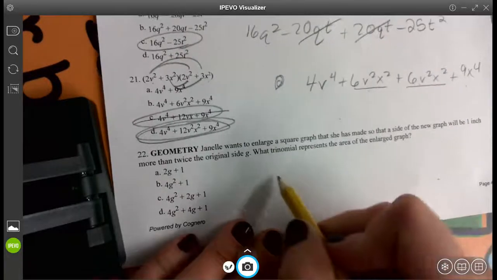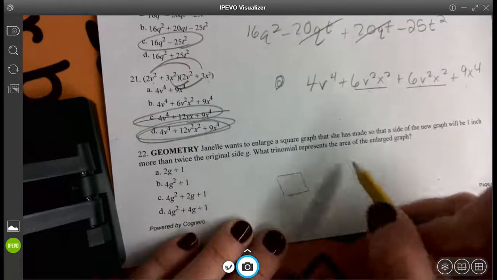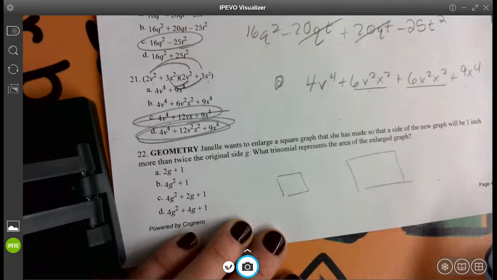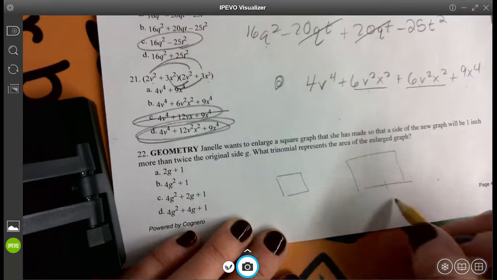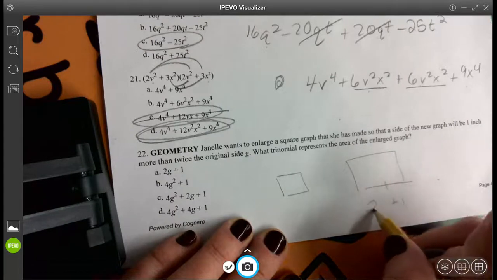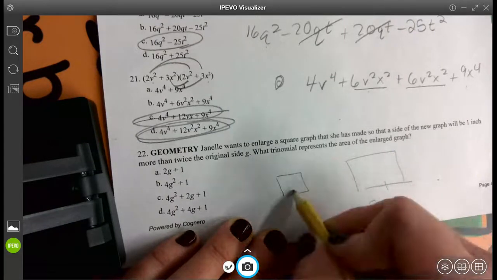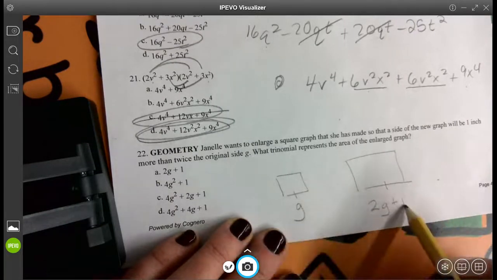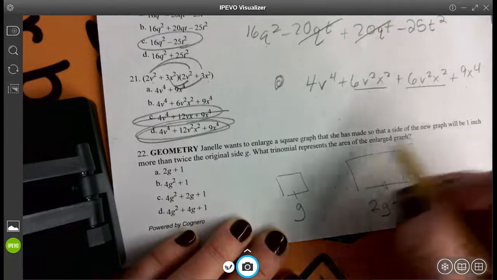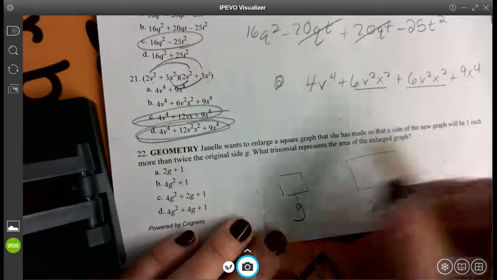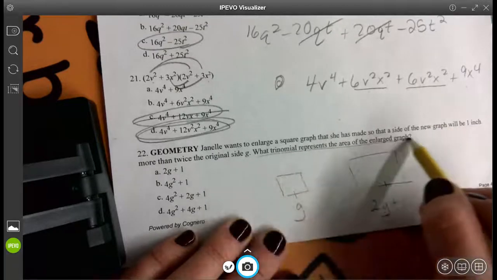And lastly, it says Janelle wants to enlarge a square graph. Notice I'm drawing a picture when it says the word square. She's made it so the side of the new graph will be 1 inch more than twice the original side G. So if the original side was G, this side's going to be 1 more than twice G. Let's talk about what trinomial represents the area.